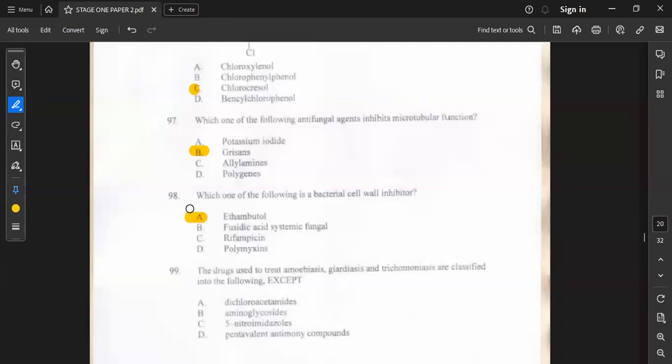So there are two mechanisms: it inhibits mycolic acid synthesis, then from that you get these isomers, which inhibit dihydrofolate reductase, and there's also production of free radicals, so they damage the cell like that also.